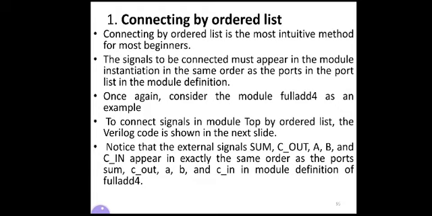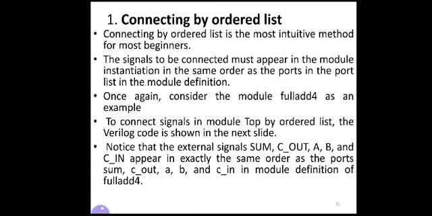So observe all these external signals appear in exactly the same order as the ports sum, cout, A, B and cin in the module definition of full add 4. As we have two different modules, module top and module full add 4, all the 5 signals sum, cout, A, B, cin are going to appear in the same order.